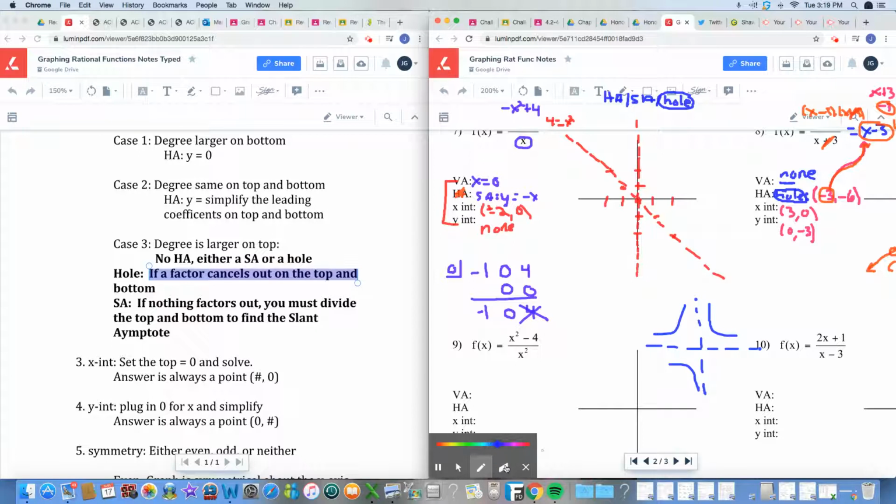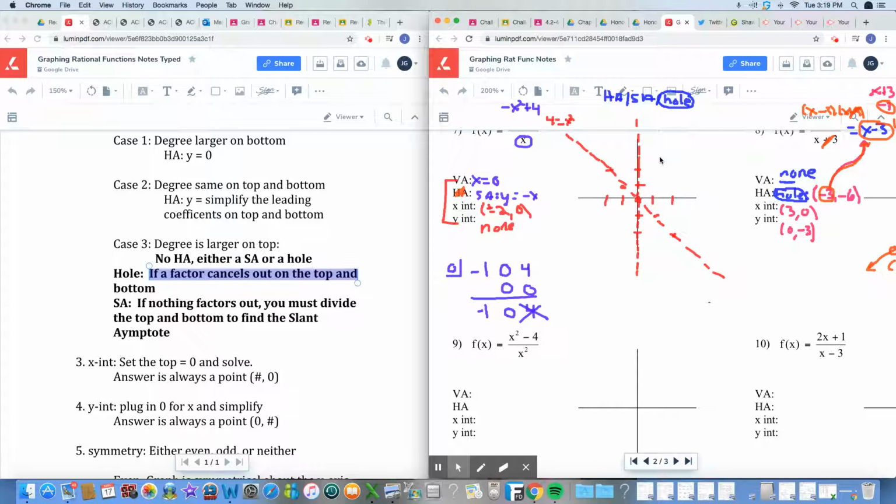Well, now we have the same situation, it's just that instead of having a horizontal asymptote, we have a slant asymptote. But still notice, there are 4 quadrants. We're going to put our curves in. One has to be to the right of the vertical asymptote, so it's either going to be here or there. One has to be to the left. It's either going to be there or there.